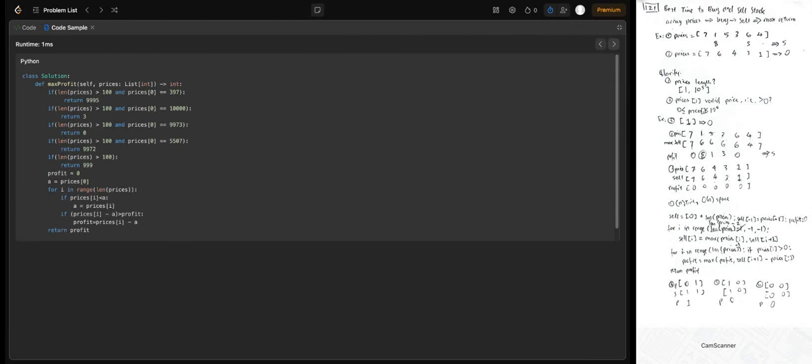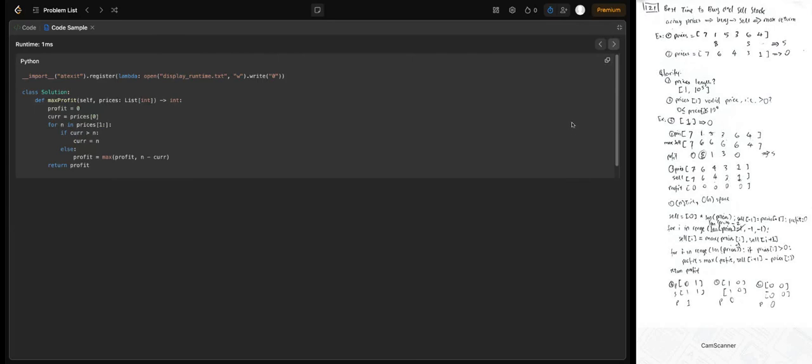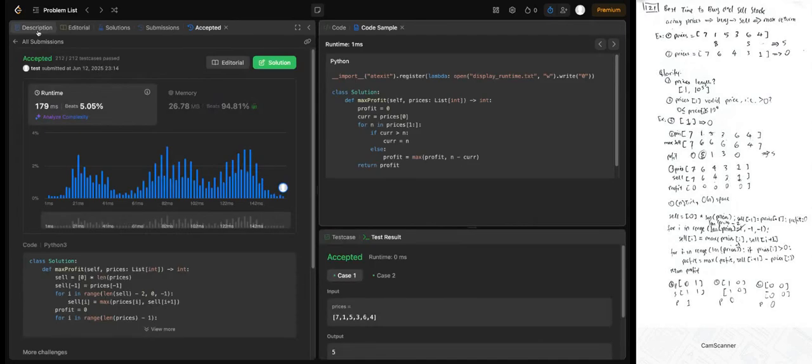Oh, never mind then. I think this is hard-coding some of the test cases. Okay, here's another simple one. Current the prices. Okay. Yeah, I think that's a better solution than mine, because here it is O(1) complexity.